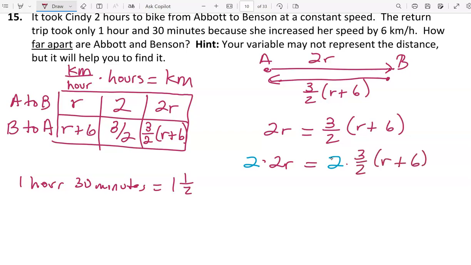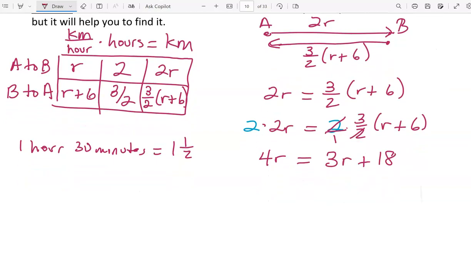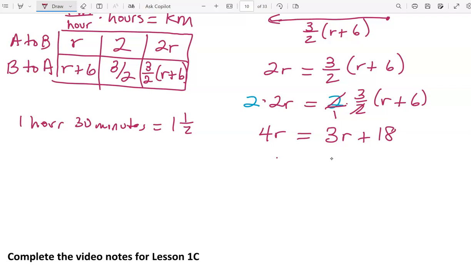All right, on the left side we have 4r. On the right side, 2 over 1 times 3 over 2. Our 2's cancel. Now they're just left with 3. 3 times r plus 6 is 3r plus 18. Subtracting off 3r from both sides, r is equal to 18.